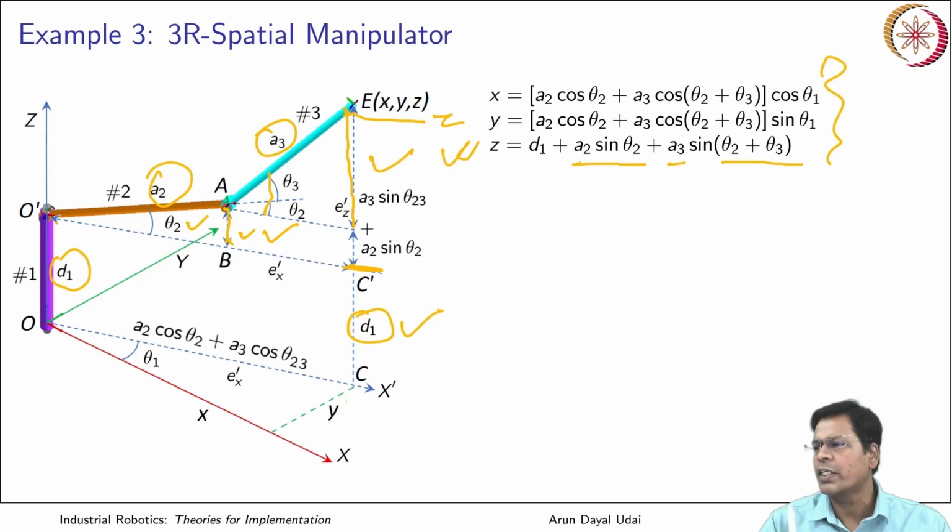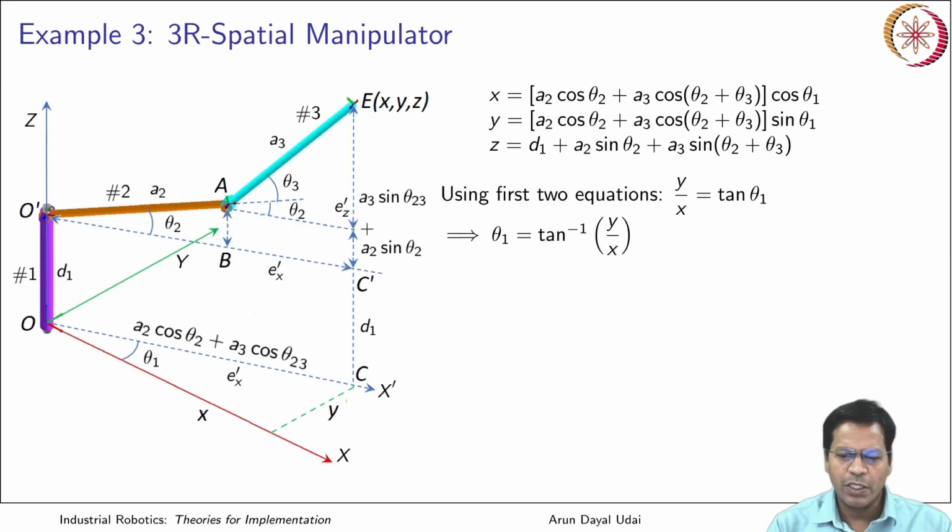Now let us do inverse kinematics. Using this, I need to solve for theta 1, theta 2 and theta 3. What is given is X, Y and Z. Using the first two equations, if you just divide them, Y by X quickly gives you tan theta 1.